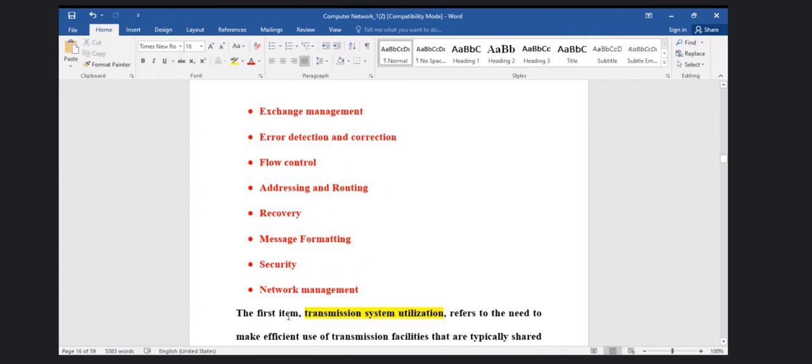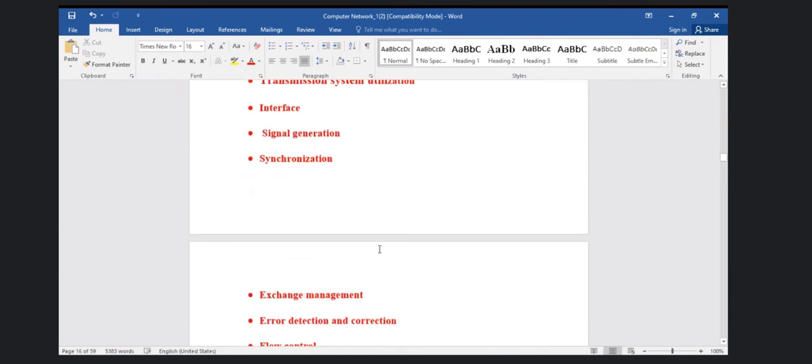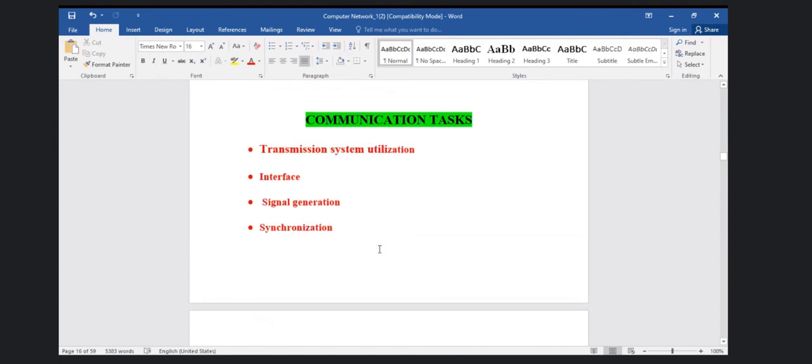And the last one is network management. This is the overall management of the network. So these are the communication tasks that have to be fulfilled to send information between the sender and the receiver. So I am ending here.